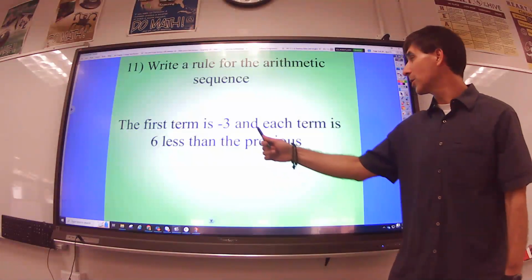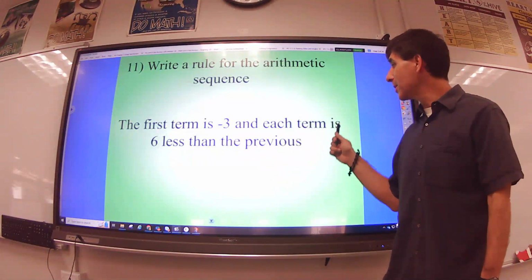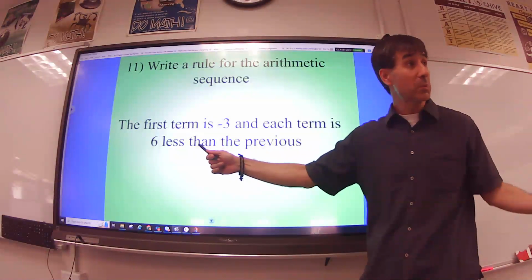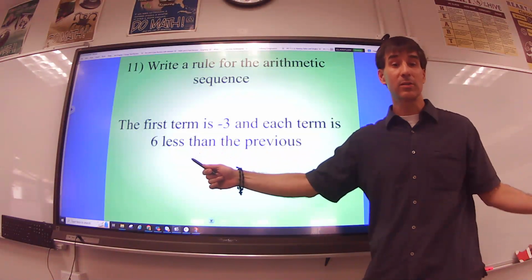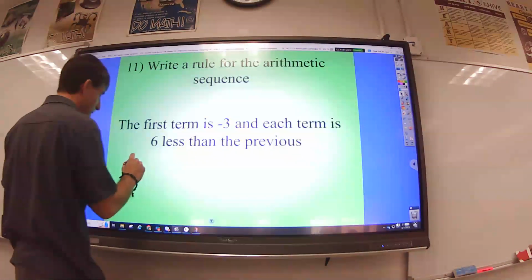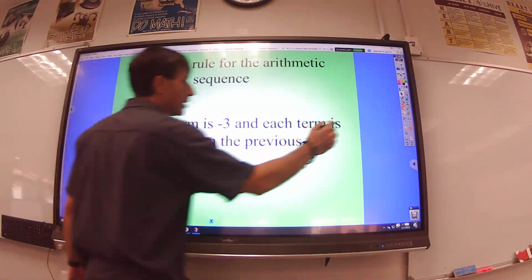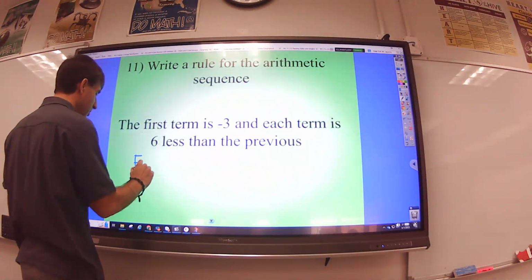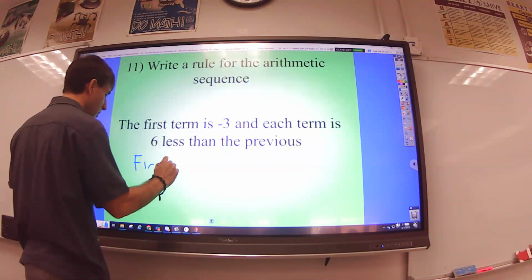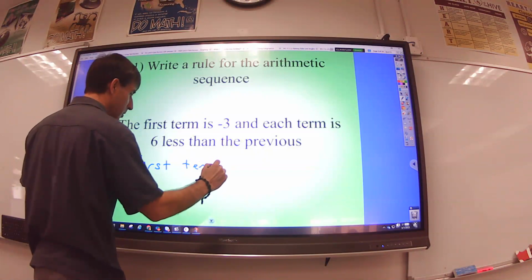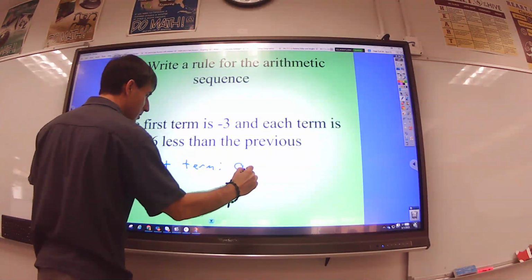-6, right? The first term is -3. Each term is 6 less than the previous term, which means we take away 6. So let's write out: first term is going to be a sub 1.